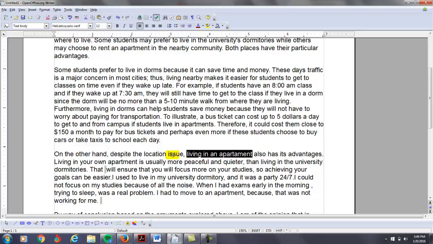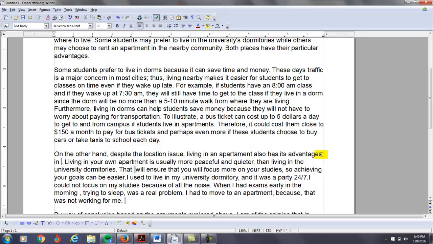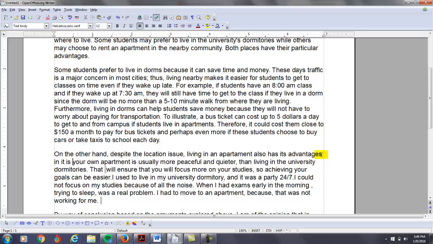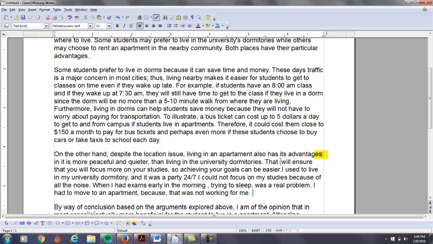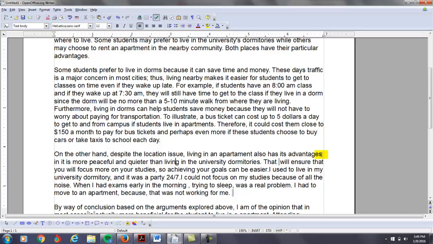On the other hand, despite the location issue, living in an apartment also has its advantages in that it is more peaceful and quieter than living in the university dormitories.